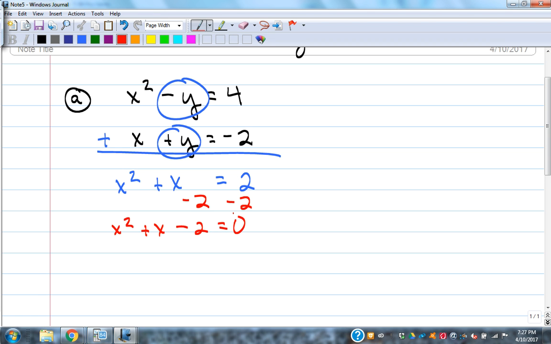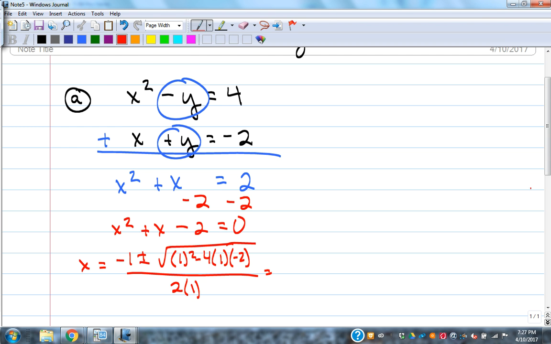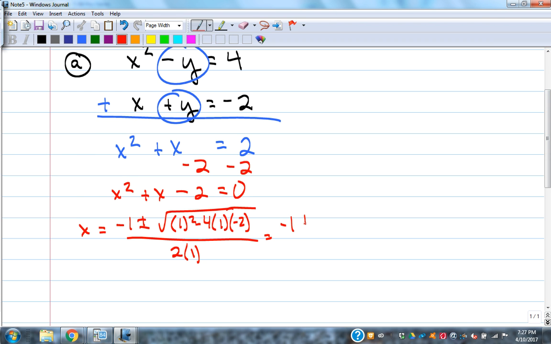And you're right, quadratic formula would be a great way to solve this. So 1 squared minus 4 times 1 times negative 2 over 2 times 1. And I work that out, and I get negative 1 plus or minus the square root of 1 plus 8, which is 9, over 2.